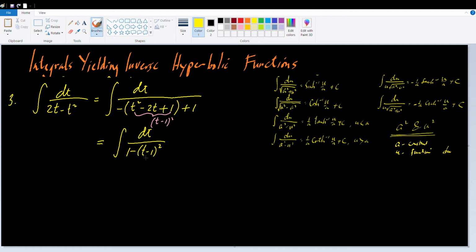With t minus 1 less than 0, then that will yield 1 over a, or 1 over 1, inverse hyperbolic tangent of u, t minus 1 over a, which is 1, plus c.